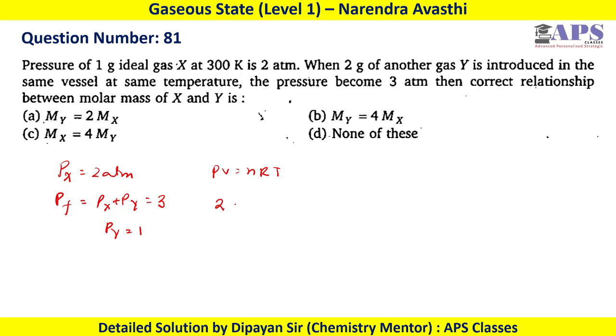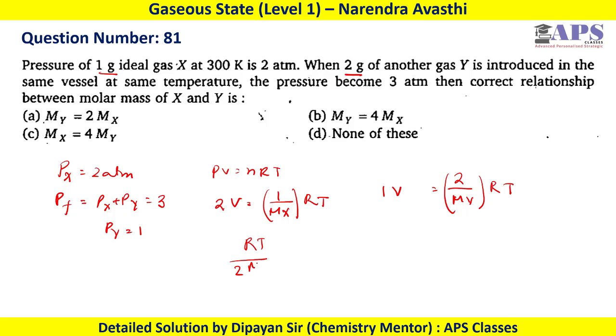So we can write pressure into volume V, 2 into V, 1 by molecular weight of X, that is Mx, equal to RT, and another relation 1 into V, that is the pressure due to Y, equals 2 by My into RT, because 2 grams of Y we have introduced with 1 gram of gas X. Now as the total volume is the same, we can write RT by Mx equal to 2RT by My, and from this RT will cancel each other and My will become 4 into Mx.